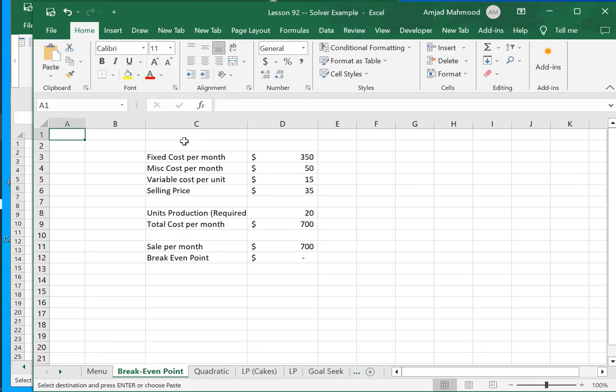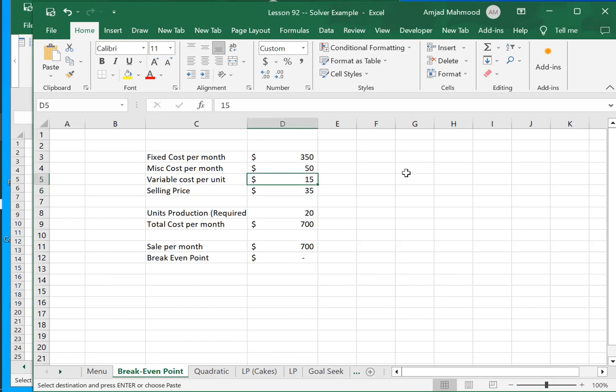So, for example, you have this scenario. Then you have a certain fixed cost per month and miscellaneous cost per month. And then you have some variable cost per unit. That is not per month, that is per unit. And then you have a selling price, of course, right?